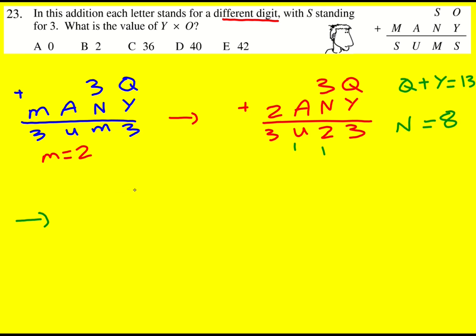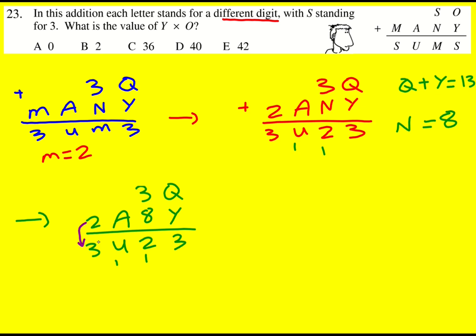And then let's restart. Of course, you could scribble things out, but I just think it's going to be easier to restart. So 2, A, 8, Y, and then 3, U, 2, 3. Remember, we're carrying 1 over here, and we're carrying 1 over here.